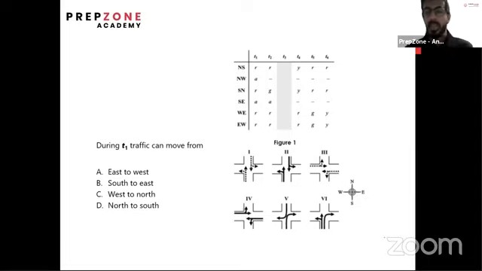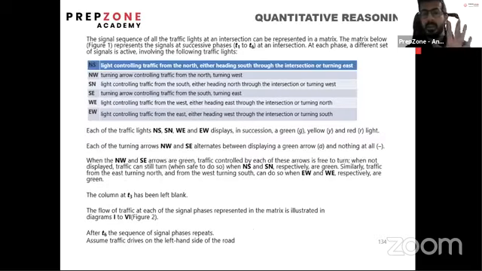At the bottom, it gives you the directions, right? And it's given you a compass on which is north, which is south, which is east, and which is the west side.